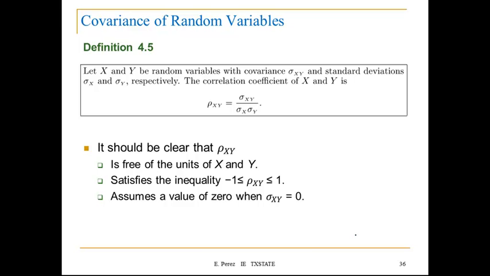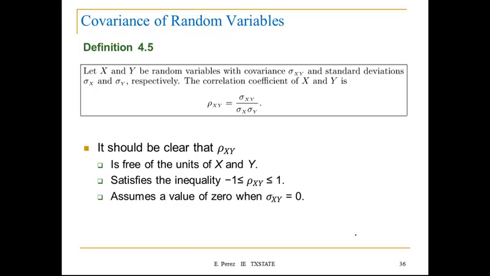Essentially what the correlation does is look at the relationship of the covariance and the standard deviations of the random variables. Let x and y be random variables with covariance sigma xy and standard deviations sigma x and sigma y respectively.